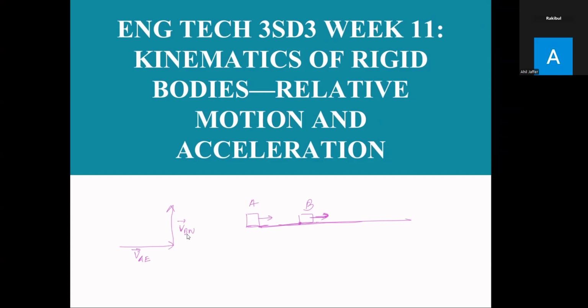So what is their relative velocity? It's basically like this, and this is the sum, this plus this.